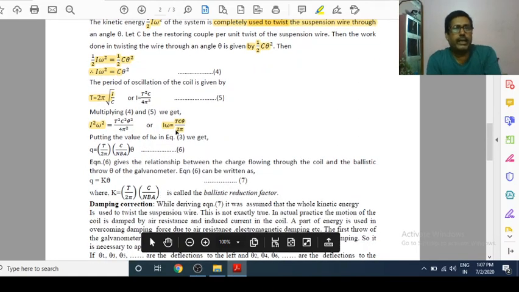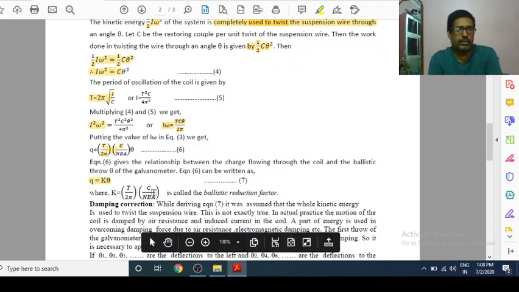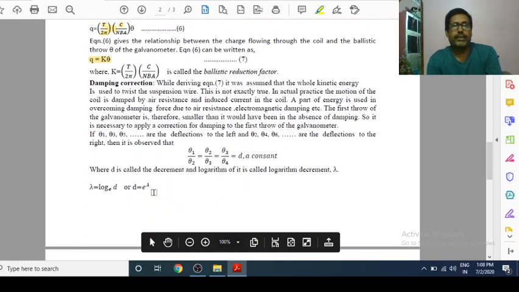Now once I have the value of I omega, this value is taken in equation 3 to get Q. Q is the expression for charge. If I assume this part to be K, then Q is equal to K theta, where K is known as the galvanometer ballistic reduction factor.